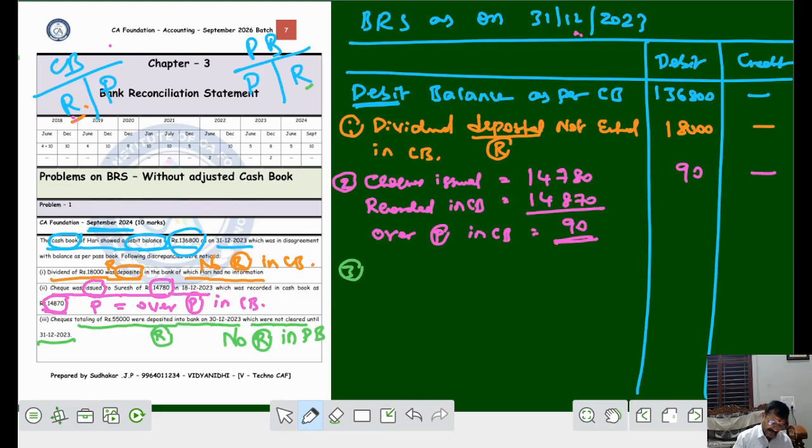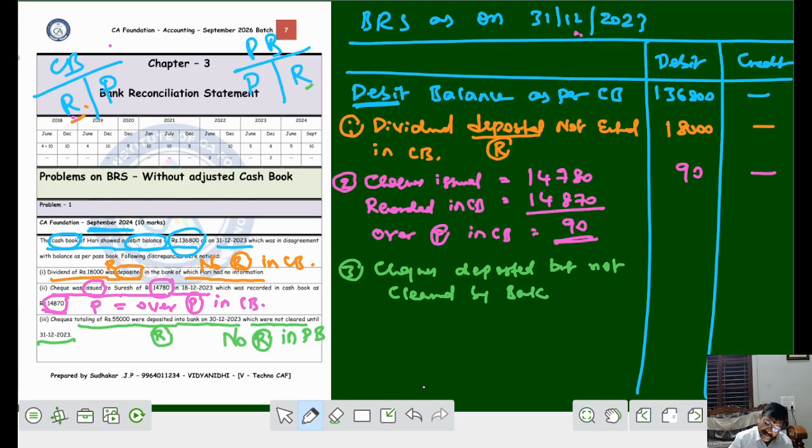That is, checks deposited but not cleared by bank.